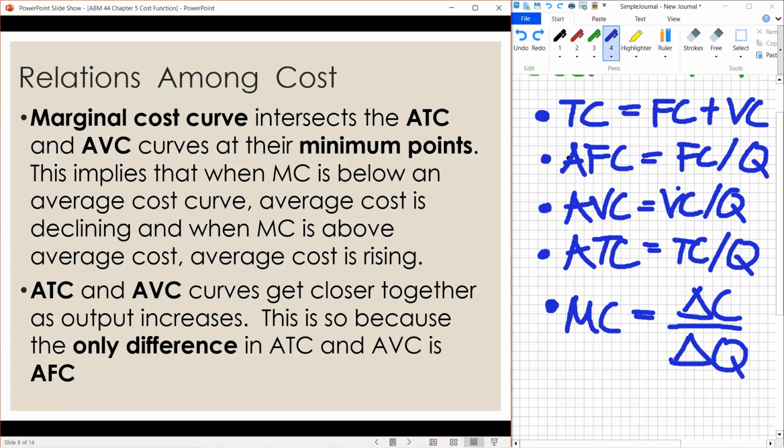So as you can see, the difference between the two is the AFC. Because average variable cost is an independent factor, while ATC is dependent on the variable cost. So if the average variable cost goes down or up, then it will really affect our average total cost.